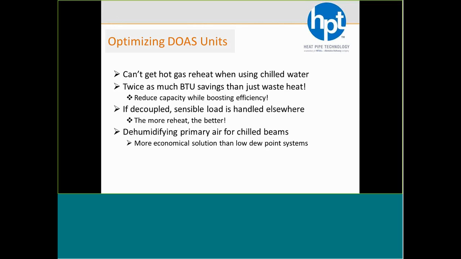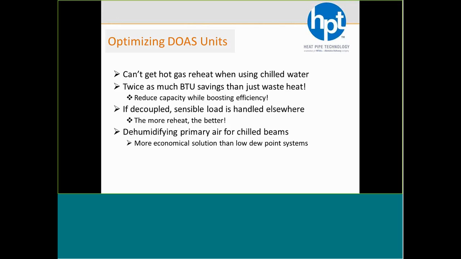Chilled beams is another cool application, and a lot of DOAS units are used to deliver the primary air for chilled beam systems. So a quick summary of chilled beams for those who aren't too familiar with them. They're basically diffusers out in the space that have a coil in them, and these beams will actually induce air locally across that coil to handle sensible load in the space, so that the air handlers upstream don't have to provide as much air to handle the sensible load.